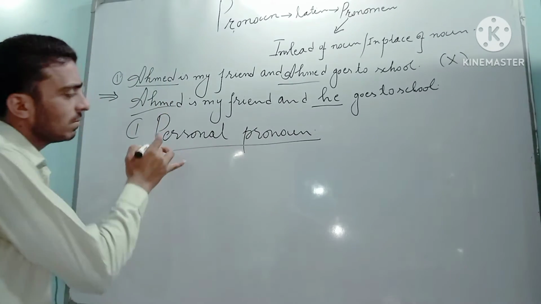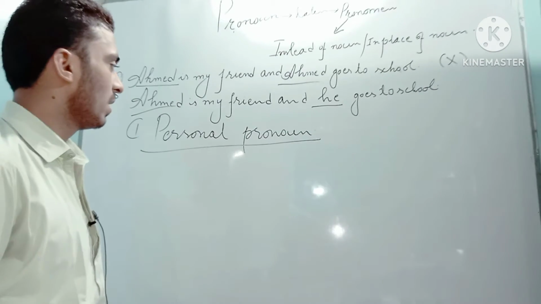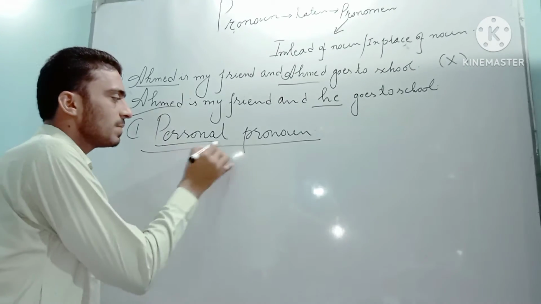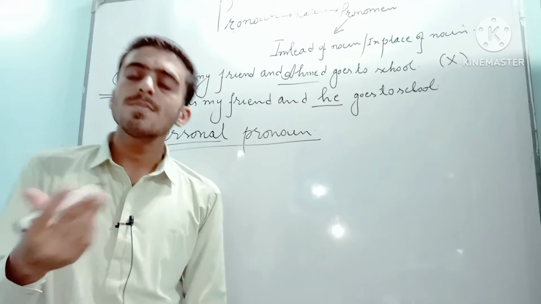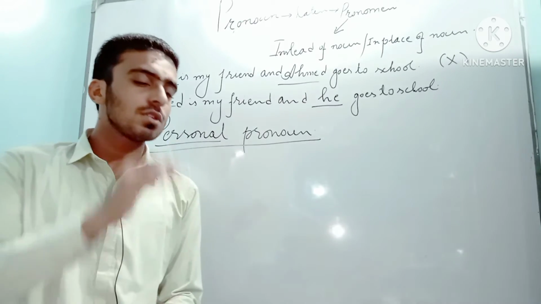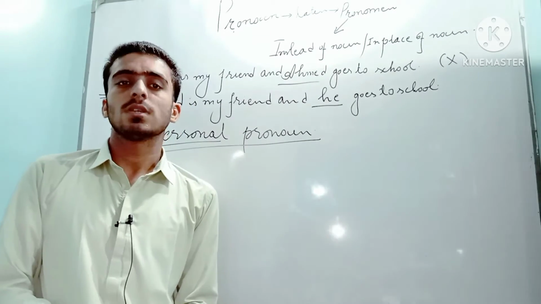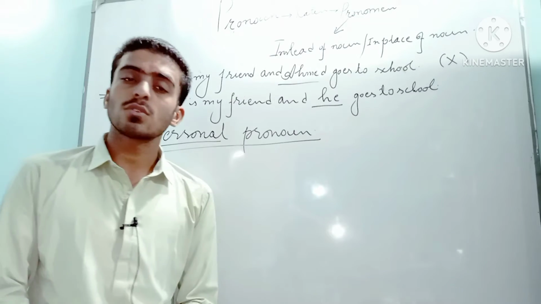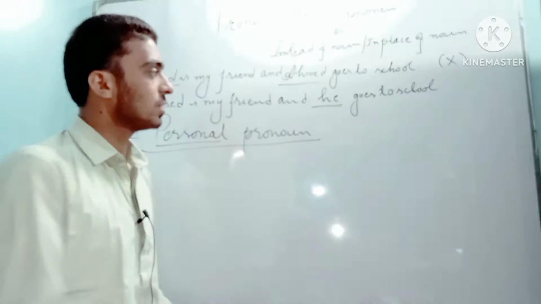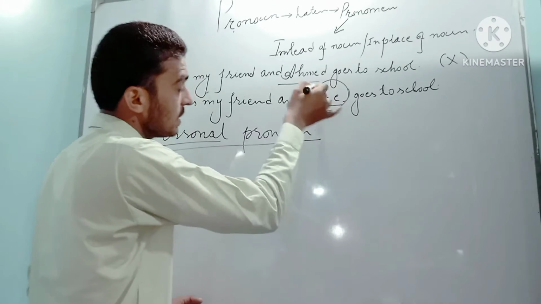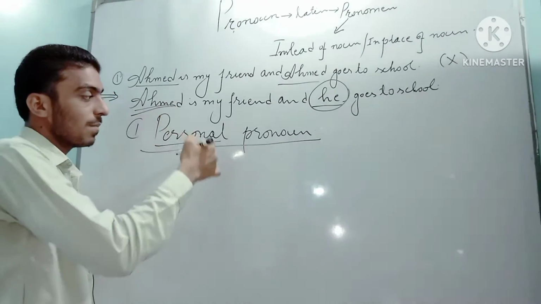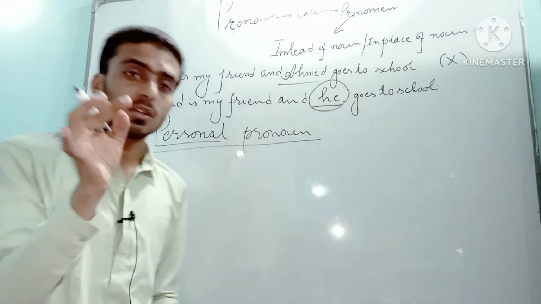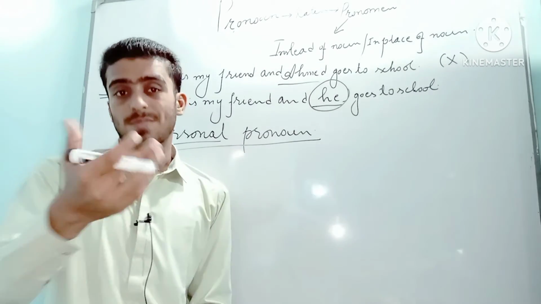This is very clear from the name of this kind of pronoun. Personal means with relation to the person. A kind of pronoun which shows the person is known as the personal pronoun. Suppose he and she, these are the pronouns which are used for a person. Here I have used he in the place of the person, Ahmad. So that is the personal pronoun.